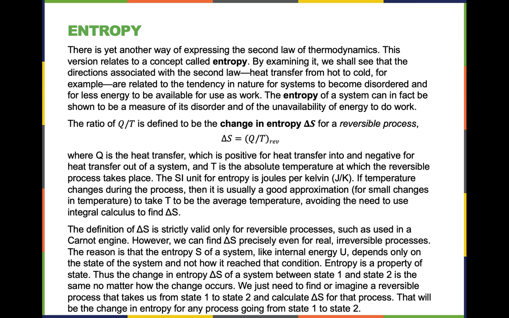Entropy is a property of state. Thus, the change in the entropy, delta S, of a system between state 1 and state 2 is the same no matter how the change occurs. We just need to find or imagine a reversible process that takes us from state 1 to state 2 and calculate delta S for that process. That will be the change in entropy for any process going from state 1 to state 2.